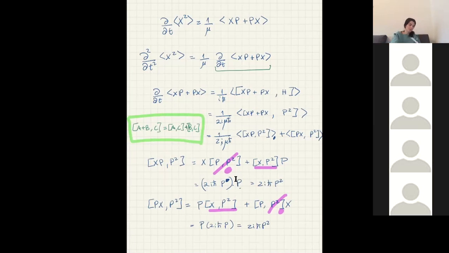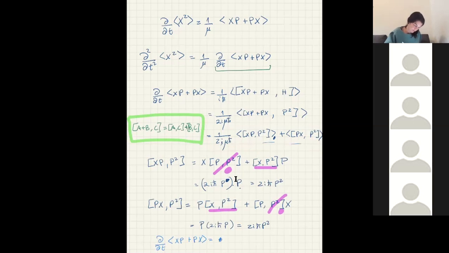So now we want to plug it in here, right? And I'll do it on this page still, and then we'll move it to the other page. So I have d dt of xp plus px. This is going to be, okay, so one term plus the other, we're going to get 4.